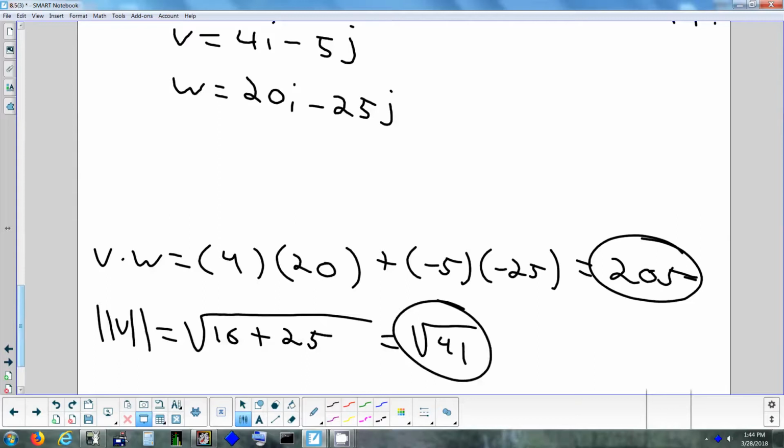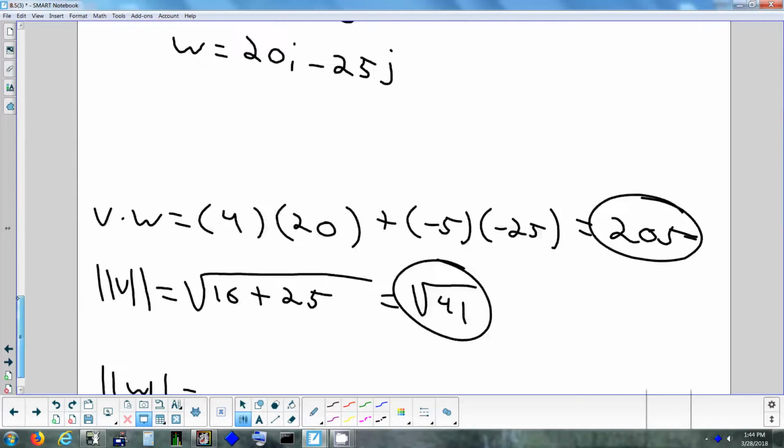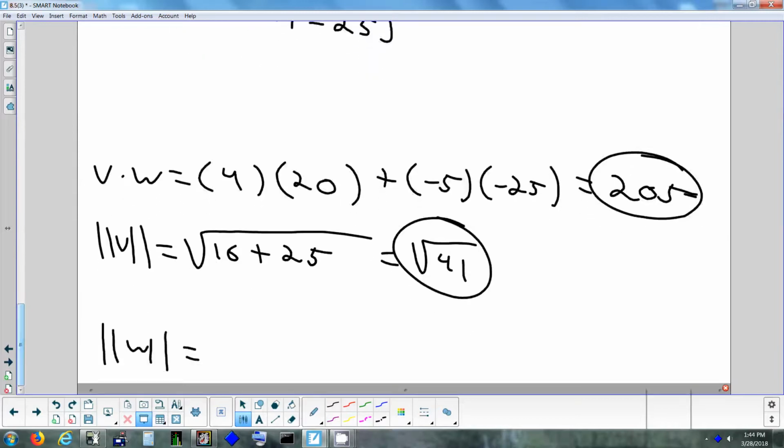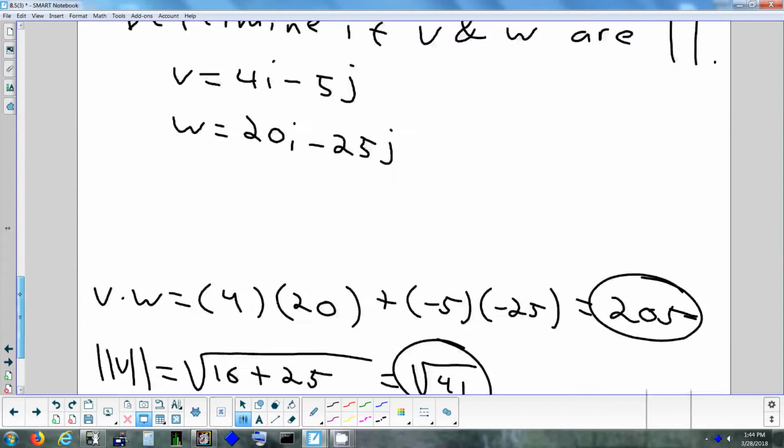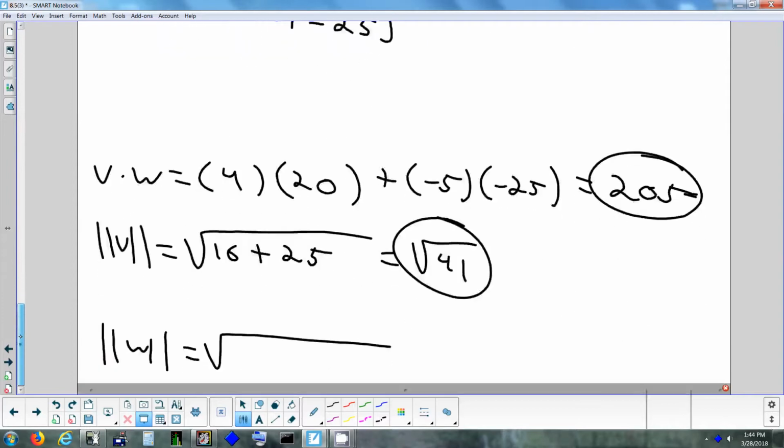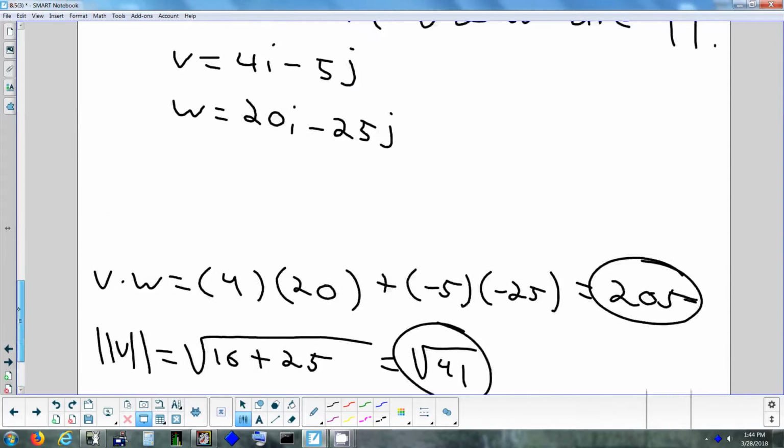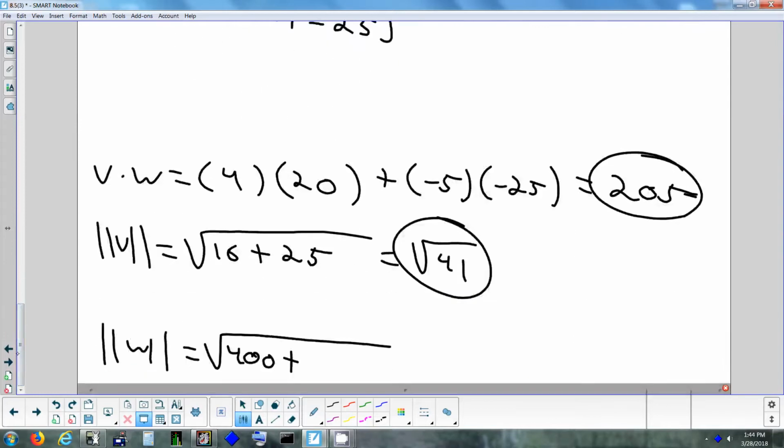Okay, so there's the magnitude of V. And Juliette, what about the magnitude of W? It'd be 20 squared, which is 400, plus 25 squared, and 25 squared is 625. So that's the square root of 1025.